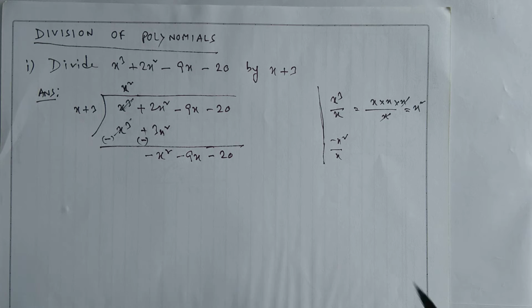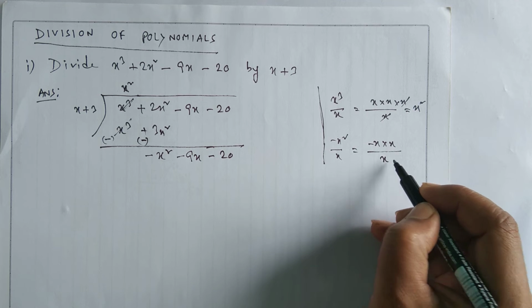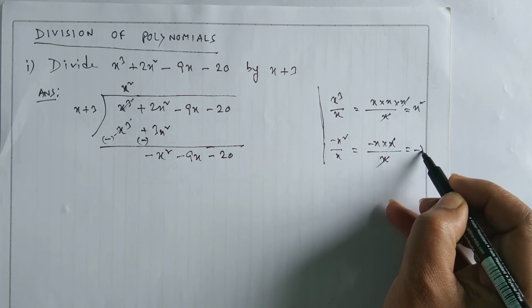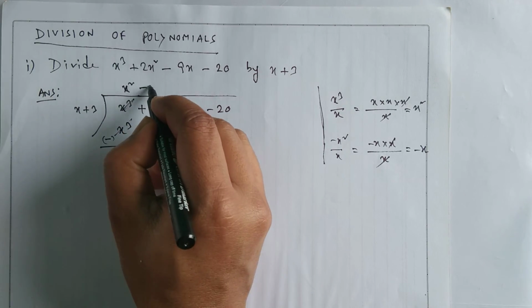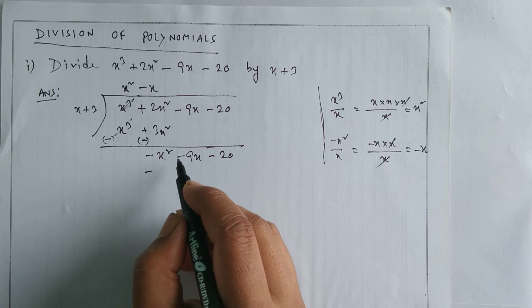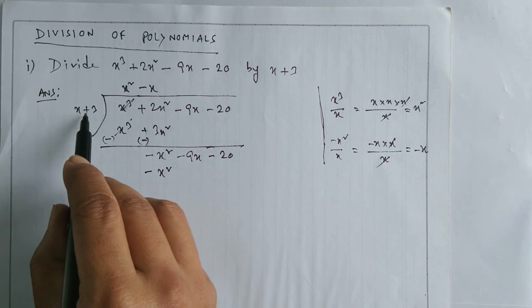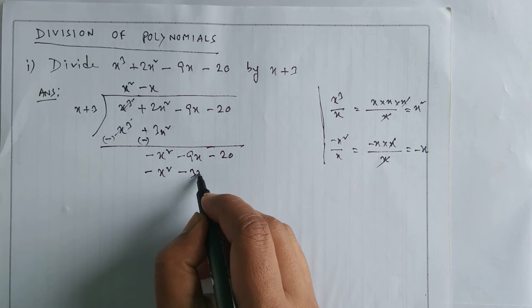Minus x square means minus x into x, and this x gets cancelled. So how many times will it go? It will go minus x times. So x into minus x, plus minus minus, x square, and 3 into x is minus 3x.